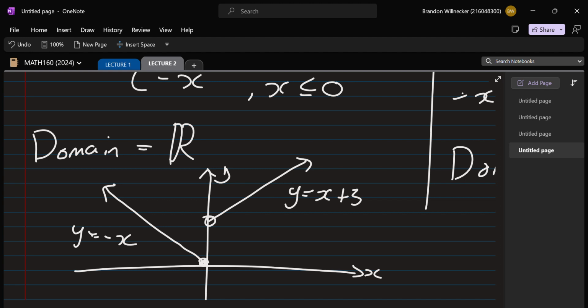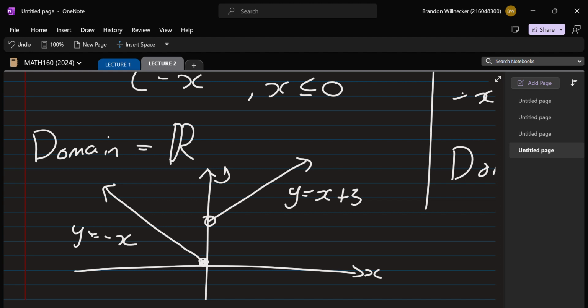Okay, so firstly, notice how nothing is negative, right? So that's the first clue. Whatever the range is, it has to start from 0 and go up. Okay, including 0, because that's part of the domain. If we put minus 0, we get 0, so that's part of the range.